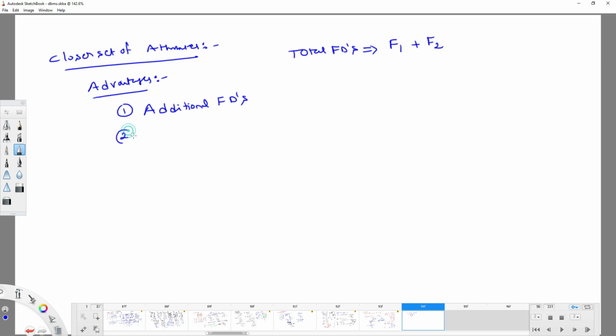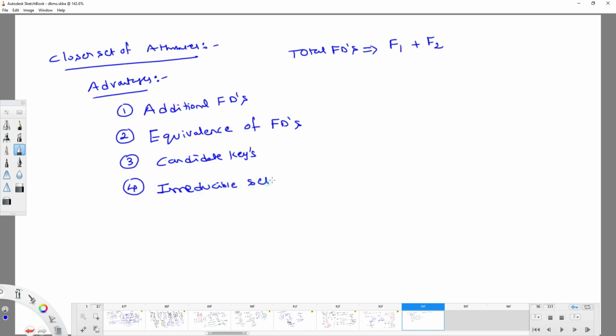And the other advantage of the closure set of attributes is that it helps define whether two functional dependency sets are equivalent or not. So equivalence of functional dependencies we can define. The other one is that you can identify various candidate keys. You can also identify the irreducible set of functional dependencies.